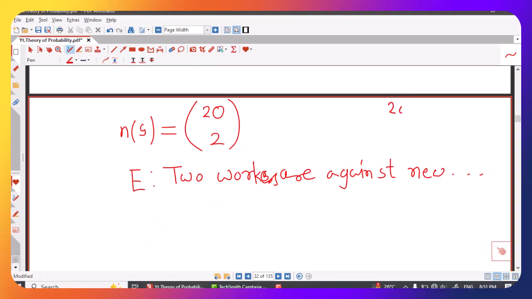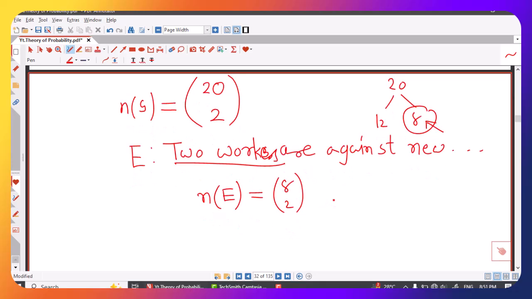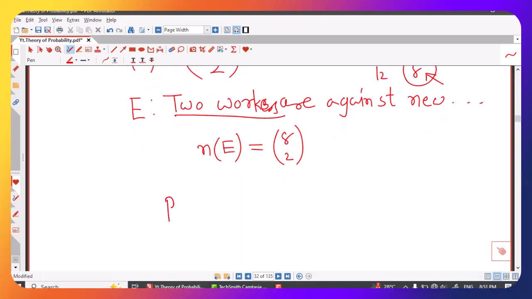So it is given that out of 20, 12 are in favor and 8 are against the new safety regulations. So there are 8 workers who are against the new safety regulations, and we are interested in the number of elements in favor of event E. So out of these 8 workers, we can select 2 workers in 8C2 ways who are against the new safety regulations, and we are interested in the probability of event E. So that is going to be the number of elements in event E divided by the total number of elements in the sample space.